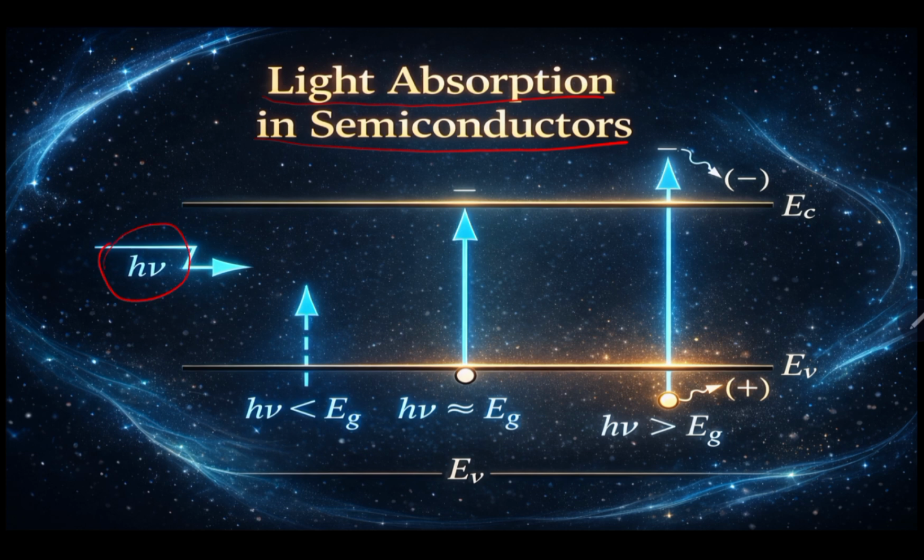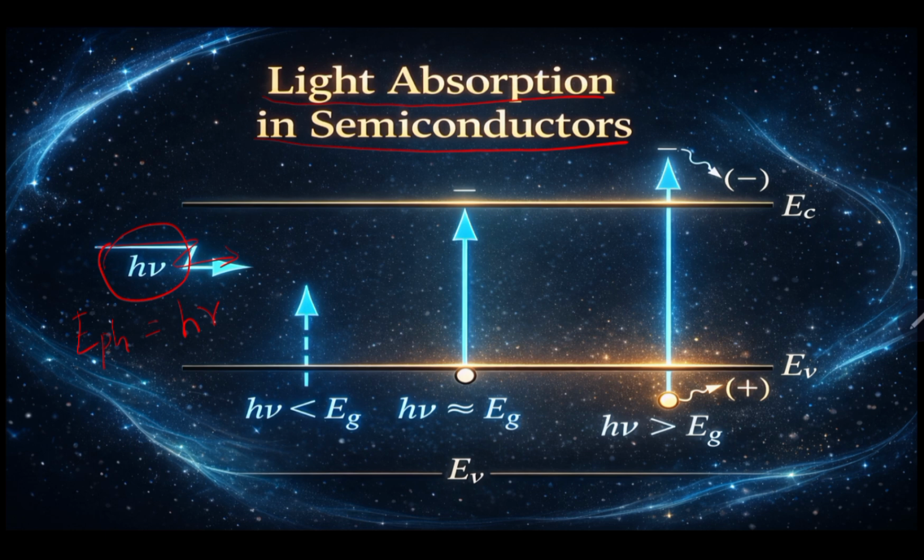Assume h nu amount of light energy is incident on the semiconductor. Let us call this E_ph, which is equal to h nu, the light energy. This interacts with the semiconductor, and we will see what happens.